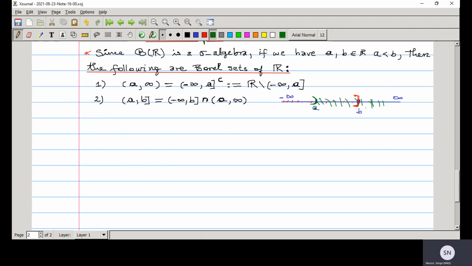So you can see that it will be open at A here. Obviously, when I write it like this, it means that it's open, right?